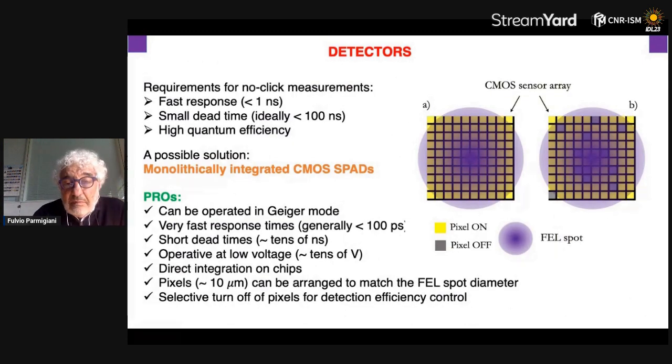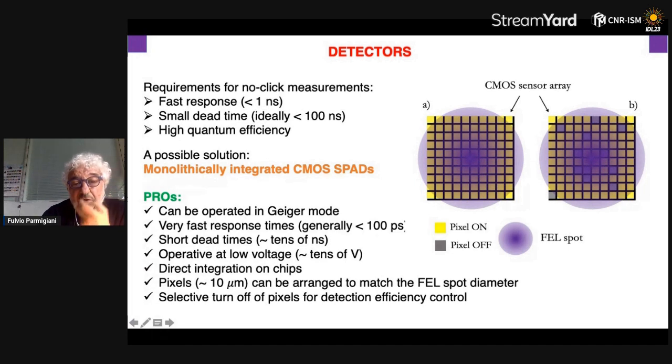And now I'm coming to the last point of my talk, which is the detector. We need a detector of very, very low noise, very high quality, needs a fast response, a small dead time, and of course, a high quantum efficiency. This detector probably already exists, and we are now in the process of testing this detector.